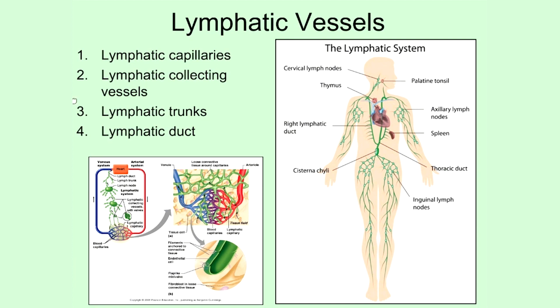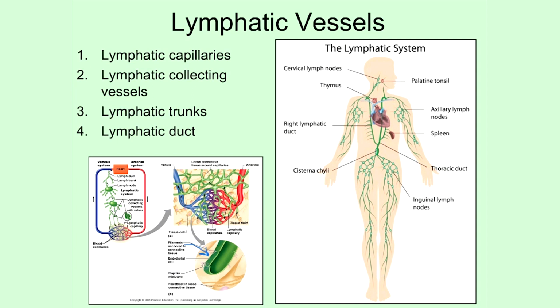And I want to show you a little bit of the structure of the tip of a lymphatic capillary. If you look at this picture down here, the one just below the capillary bed, you'll notice we've got the tip of one of these lymphatic capillaries. One of the things I want you to notice about it in particular is that it has this structure, which is known as a flap-like mini valve. So I'm going to draw an arrow right here pointing at that flap-like mini valve.